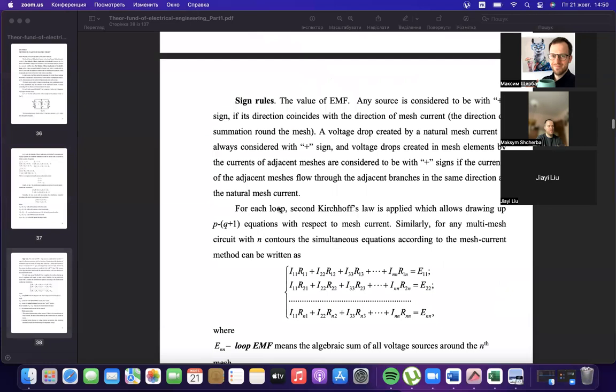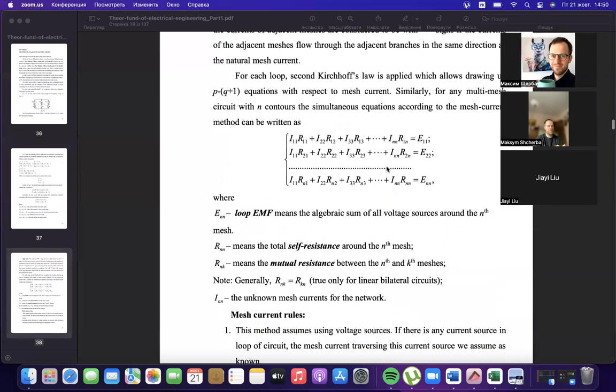As shown here, the general form of the equation has some combination of resistors, which could be positive or negative, and some combination of sources, also positive and negative.